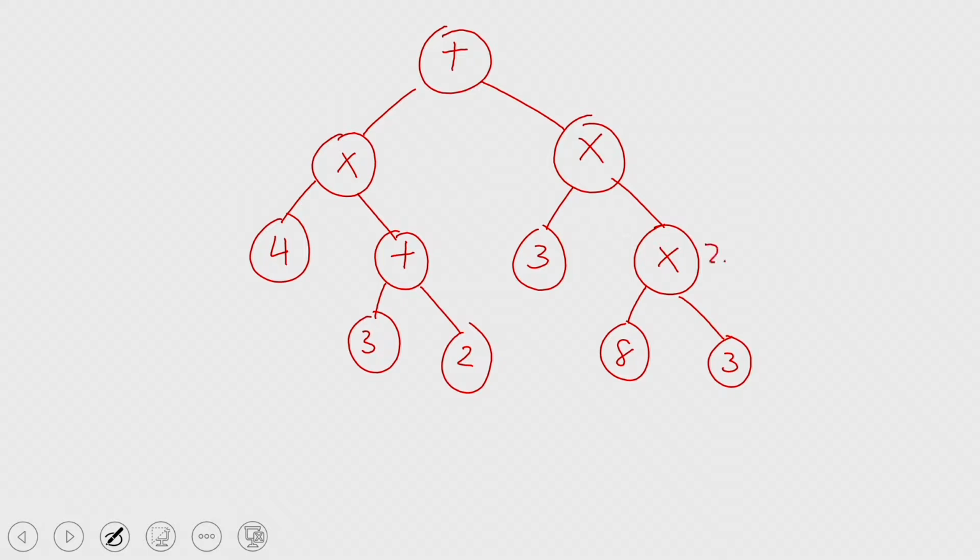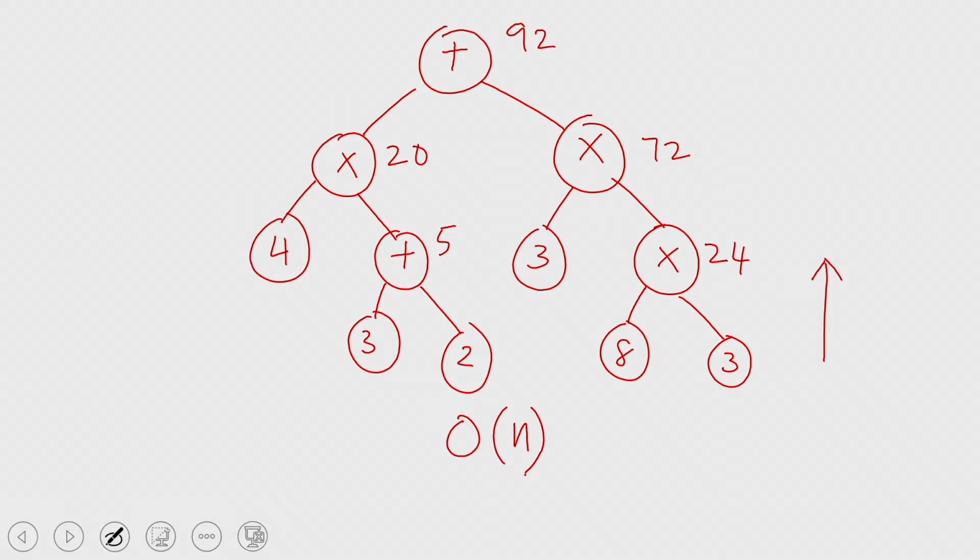At this node, we will have a value of 24, 8 into 3, and then when that is multiplied by 3, we have 72. Here we have 3 plus 2, 5 at this node, 5 into 4, 20 here, and then at the top of the tree, we will have the sum of 20 and 72, which is 92. So, the tree can be evaluated in this fashion. We said that sequentially solving a tree bottom up requires linear time. So, the cost of the problem in the sequential setting is order of n time.